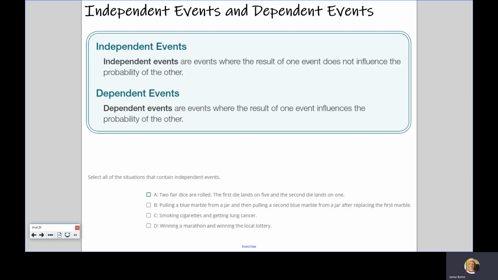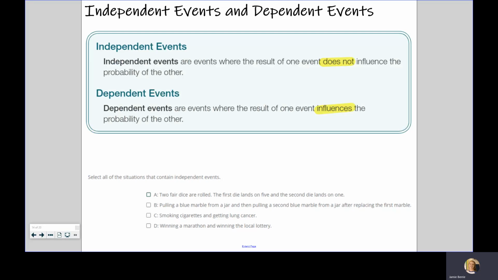A dependent event is an event where the result of one event influences the probability of the other. So this one does influence the probability of the next. These are pretty straightforward. With dependent events, one of them will depend on the other.